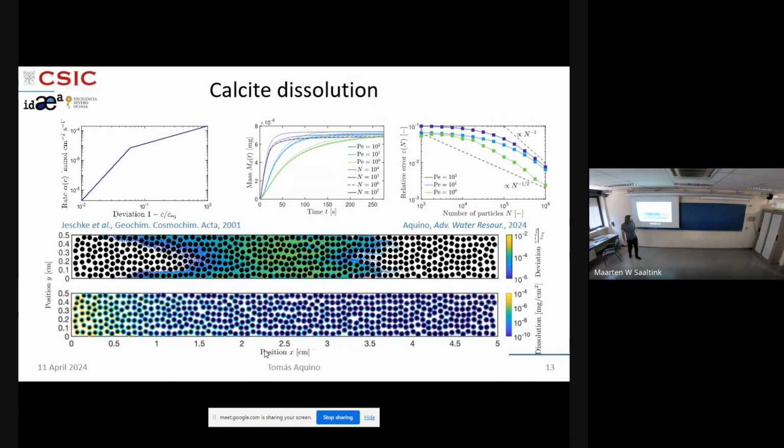But basically, you can use these ideas from random walk particle tracking to just describe the front, so you describe the deviation from equilibrium and you see how it evolves. And I don't have a solution for this, but you do get convergence in terms of particle numbers. Naive arguments give you n to the minus 1/2. In practice, I found something between convergence with 1/n and n to the minus 1/2.